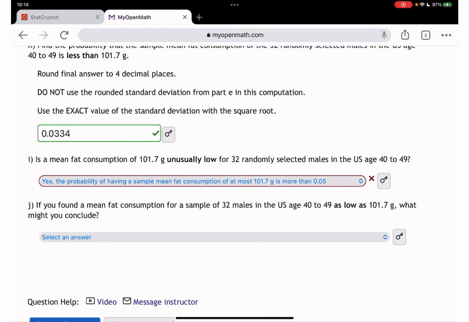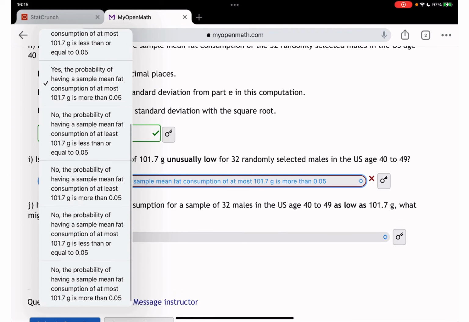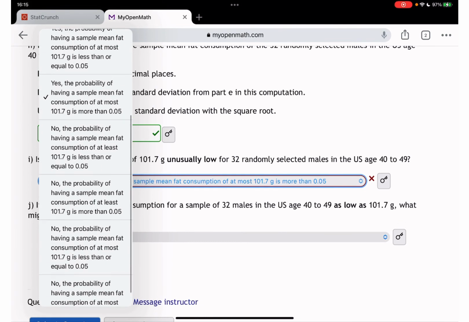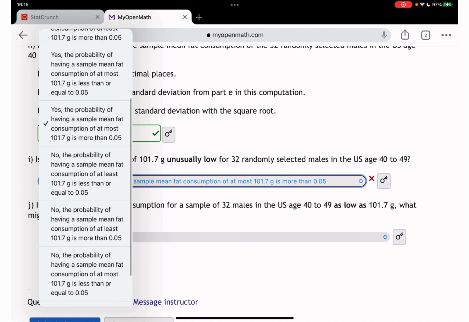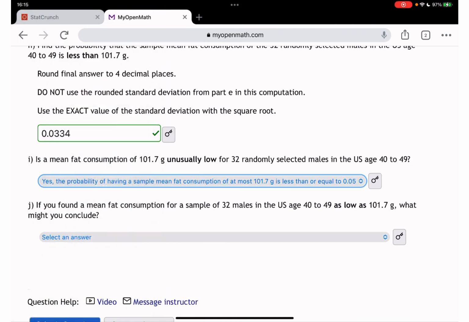It has to be less than 0.05. It's always less than 0.05, it's unusual. Yes, the probability of a sample at most, with less than or equal. This one. Okay, let's check now.